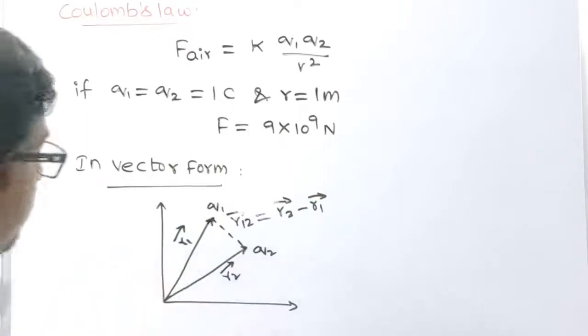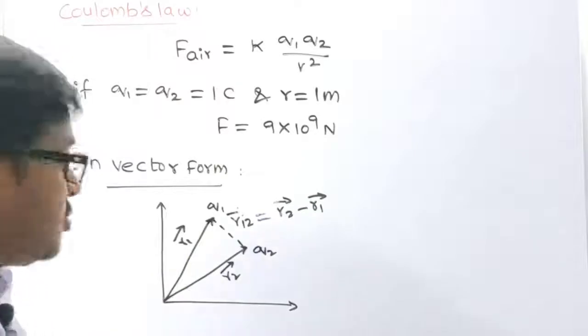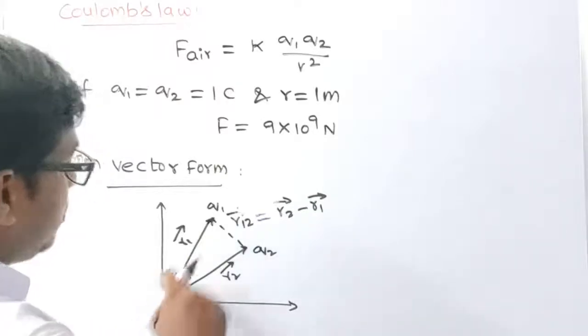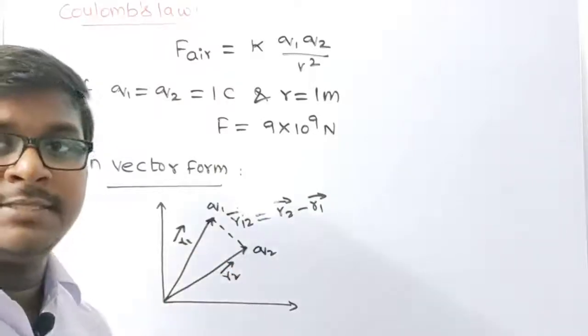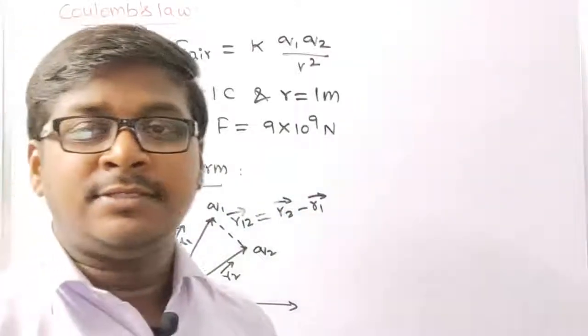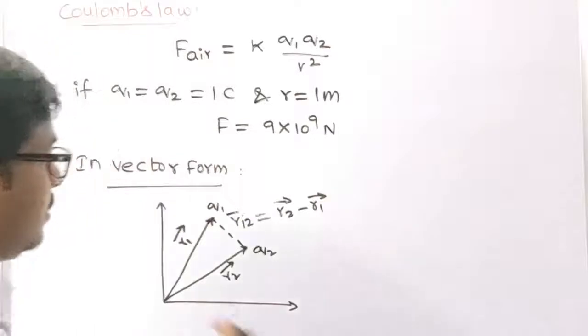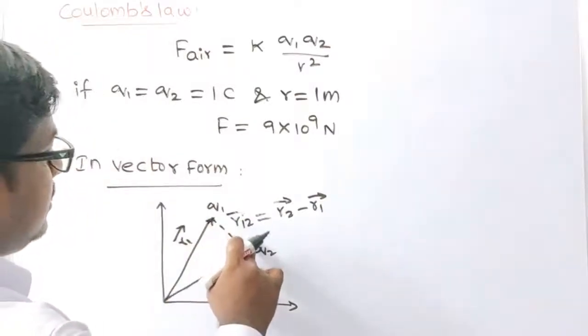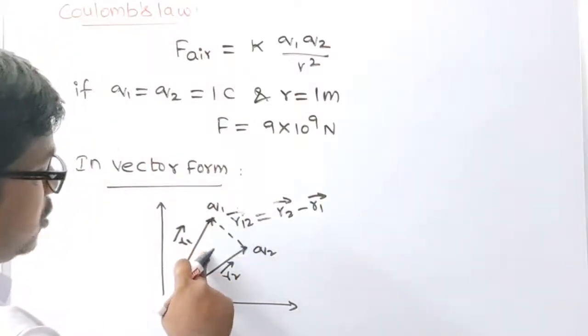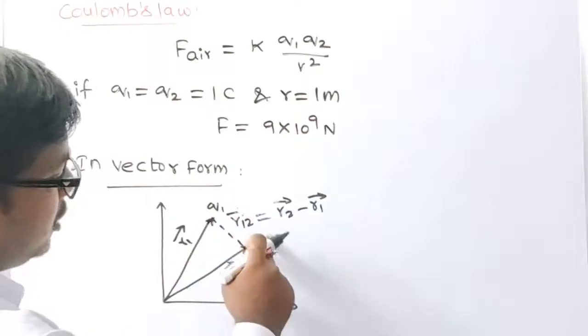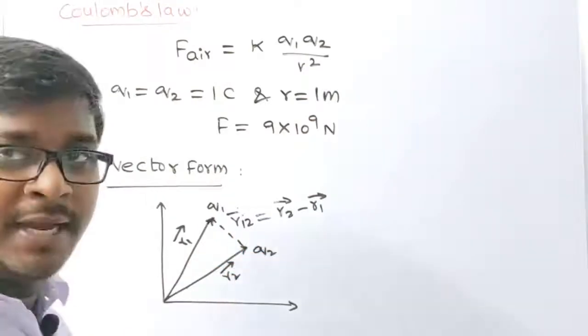These two position vectors are joining from the origin to the two point charges. The position vectors are R1 and R2. The position vector R12 bar is equal to R2 bar minus R1 bar.